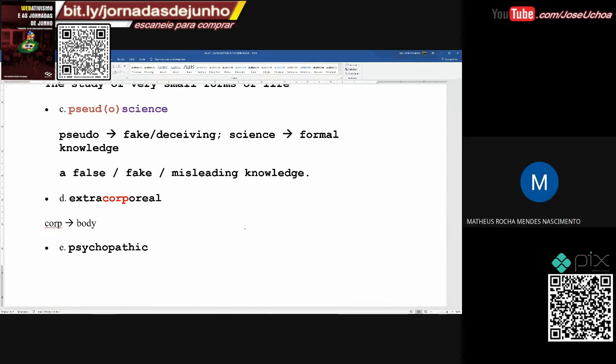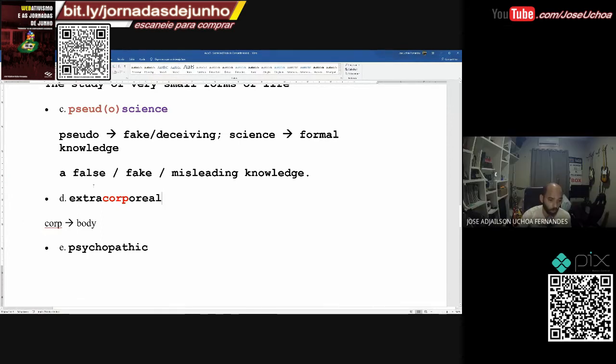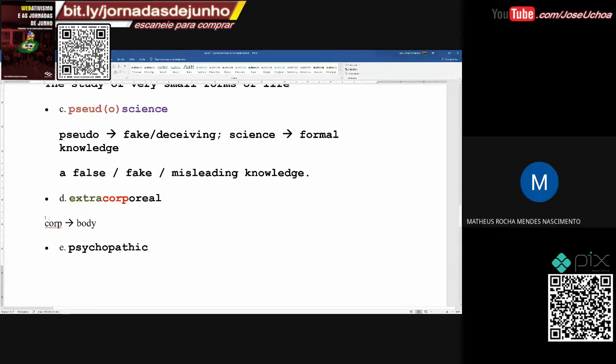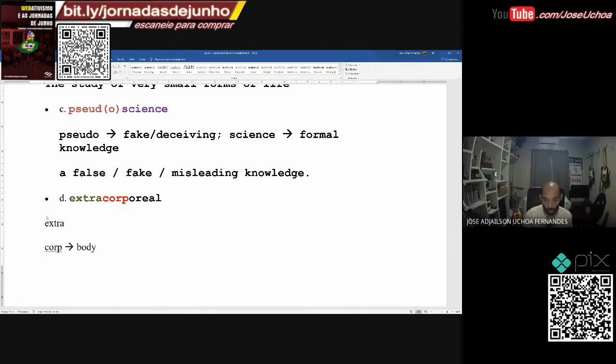The prefix is extra. Extra, which means what? Something additional, more. No, not additional. In this case, I think it's outside of the body. Yeah, extra can mean both things. It can mean excess, something more.